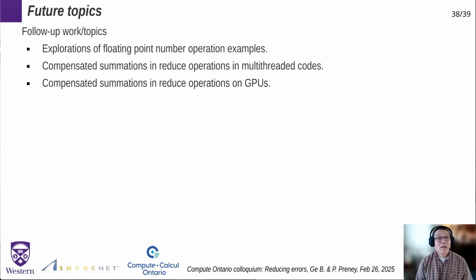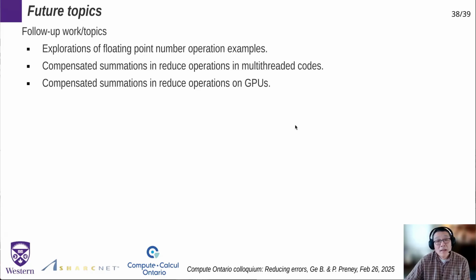Okay, so this completes my talk, and I just put up some future topics. We're going to have some more explorations of floating point number operation examples. And we might want to look at compensated summation in reduce operations in multi-threaded cases.